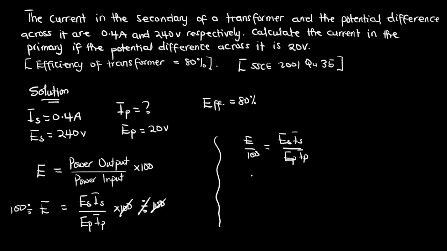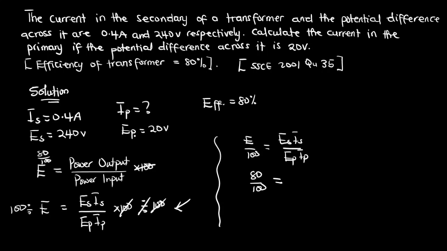My efficiency is 80, so it's 80 over 100. Are we okay? Basically, if you use 80 in place of the efficiency, then you maintain the 100 here. But if you want to use 80%, as in 80 divided by 100, then the 100 has to go away from here. That's basically why I am doing all these things. So with 80 over 100, which is the 80% I'm using, the 100 will no longer be here.